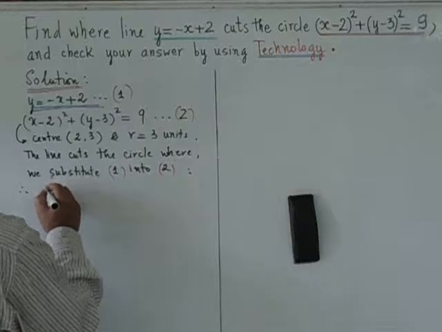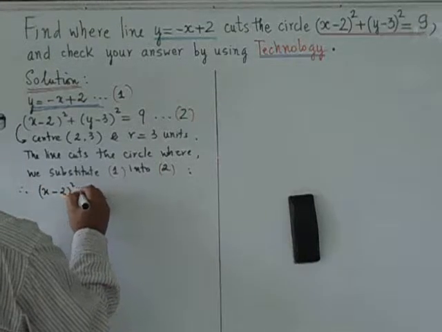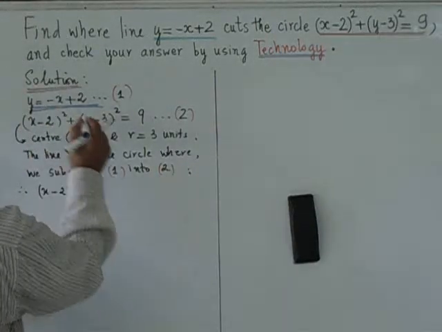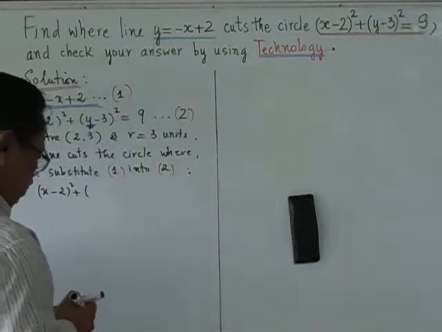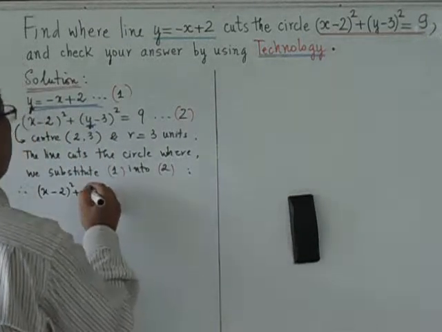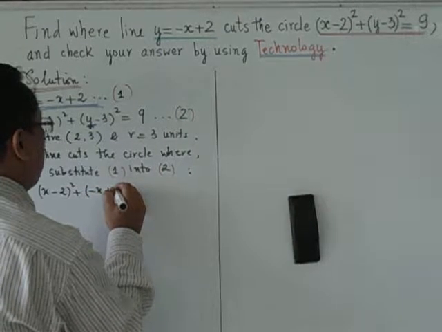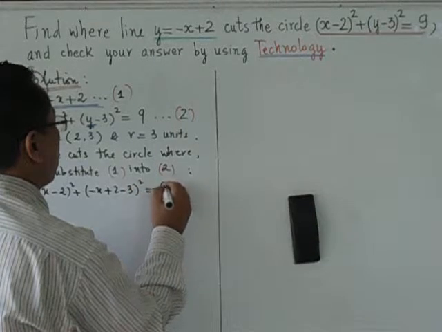For example, we have (x minus 2) power 2. So we substitute equation 1 into equation 2, right here, for y. So we have (minus x plus 2 minus 3) power 2, equals 9.